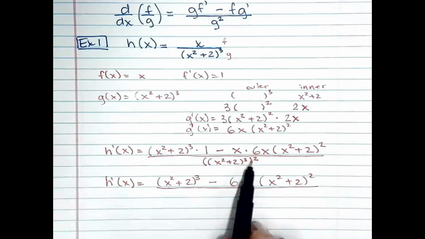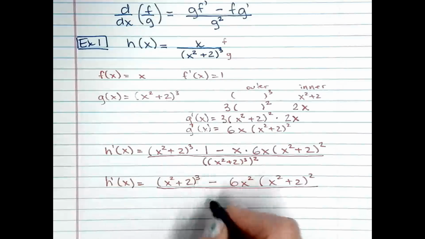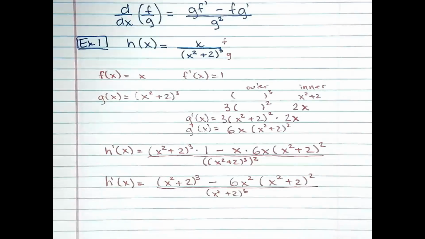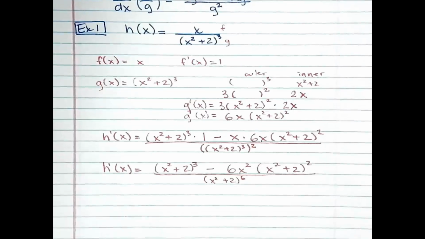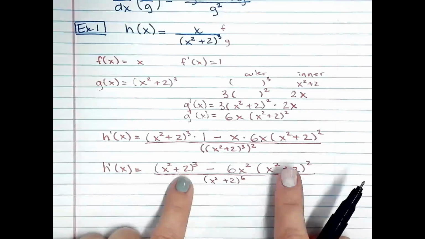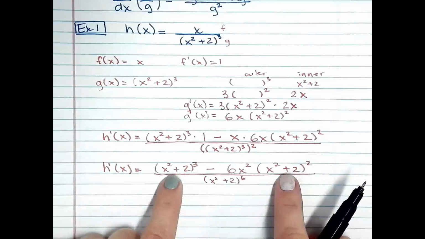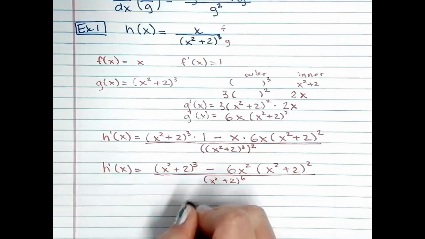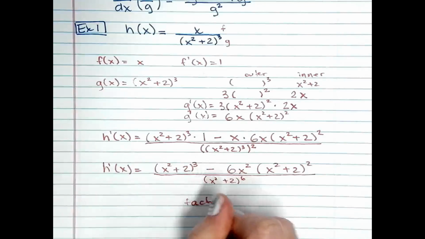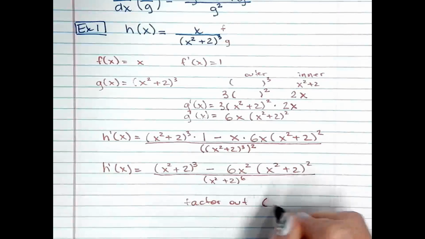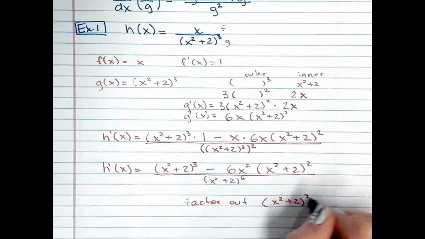So it's going to be 3 times 2. All right, now, can I factor anything there? I'll go ahead and factor out x squared plus 2 squared. So I will write it over here.